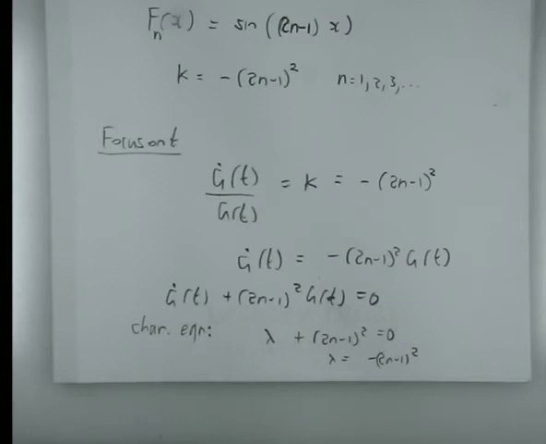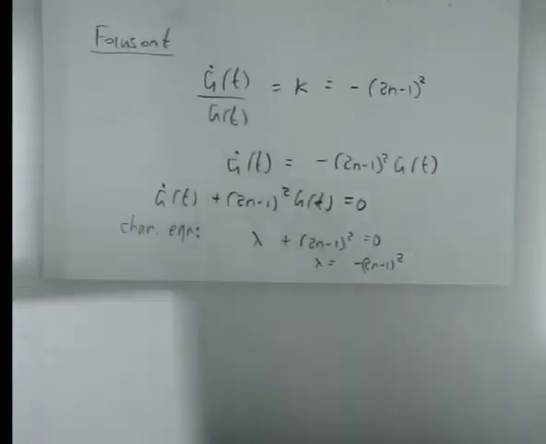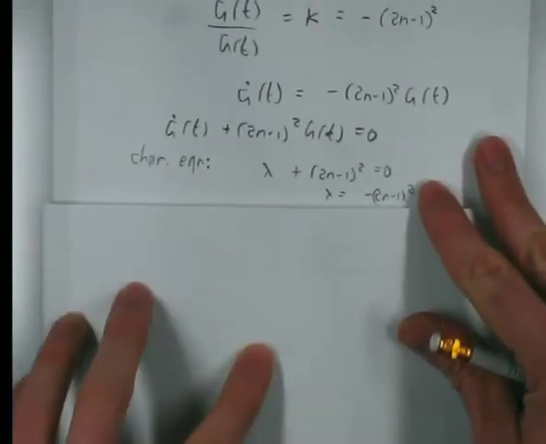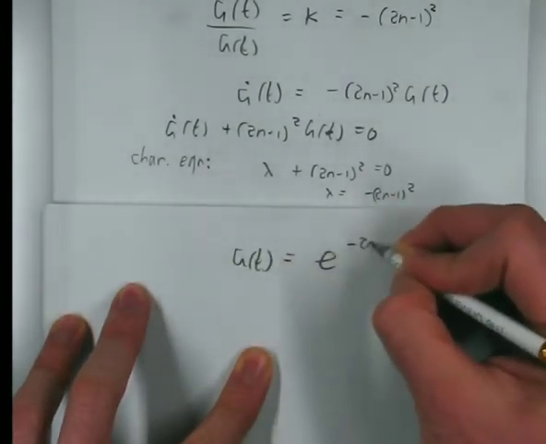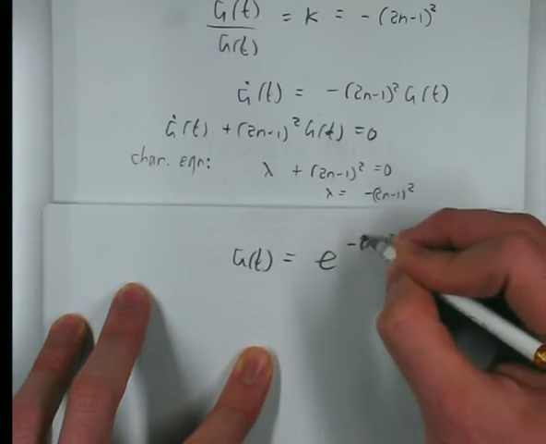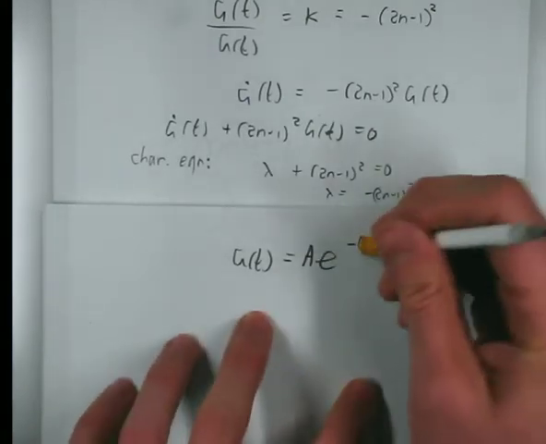Well, you can do it with the first order as well, rather than doing separable differential equations. It's actually really cool. Only works for constants, but it's nice when it is constant. And so I get that g of t is e to the minus (2n minus 1) squared t, with a constant out the front of some sort.